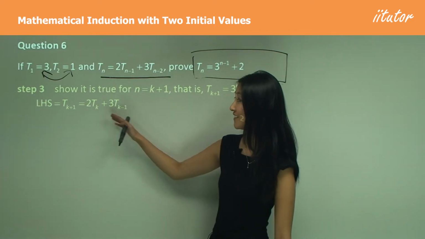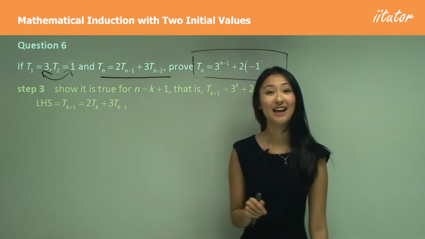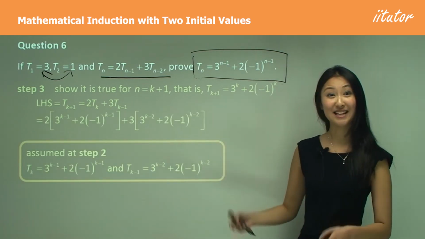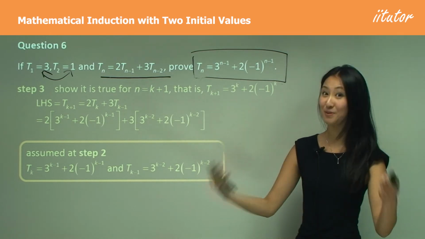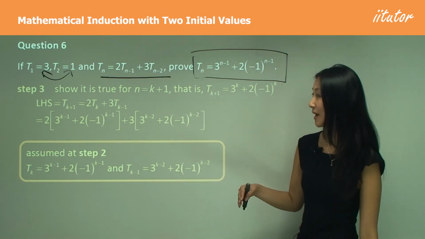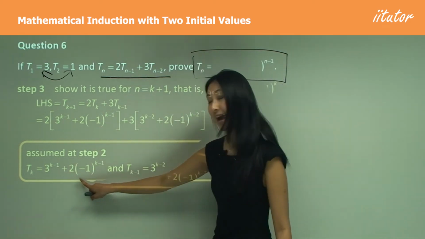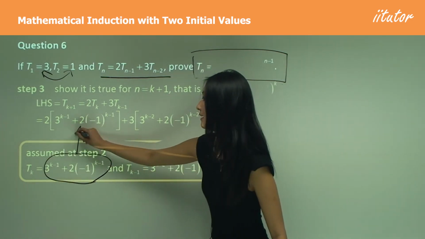So I know the left-hand side does equal this. You can see we have tk here and tk minus 1, and that should remind you of the 2 assumptions that we had in step 2. So remember how I said if we have 2 assumptions, then we have to use both of them. So that's exactly what I'm doing. Instead of tk, we know that tk equals this, so I'm just substituting this into here.